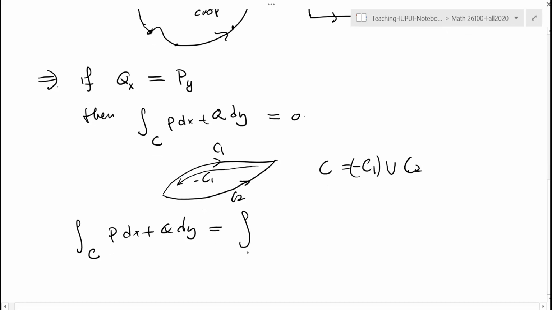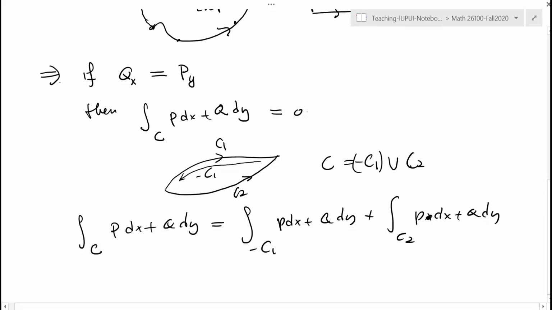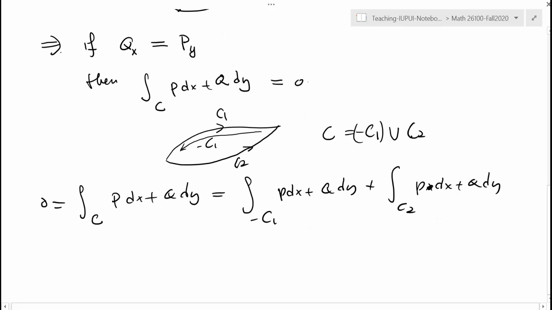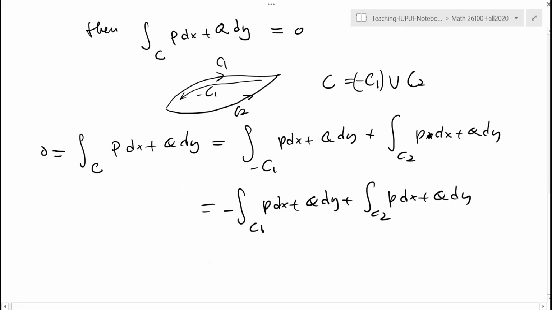This integral is the integral over negative C1 of p dx plus q dy, plus the integral over C2 of p dx plus q dy, and this is going to be 0, by assumption. So in other words, these two line integrals are equal.